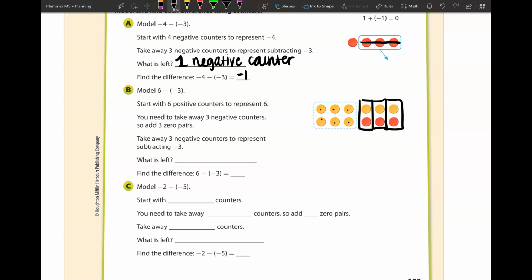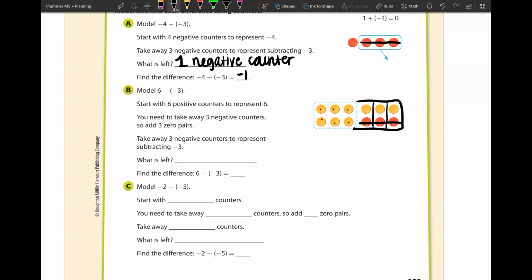I added it to the model because I needed to take away 3 negative counters, and at first I just had 6, but I needed to be able to take away negative, so I had to add my 3 zero pairs. So now it says take away 3 negative counters to represent subtracting -3.